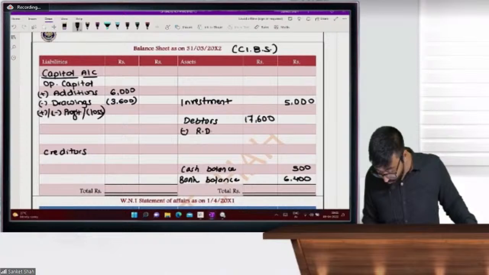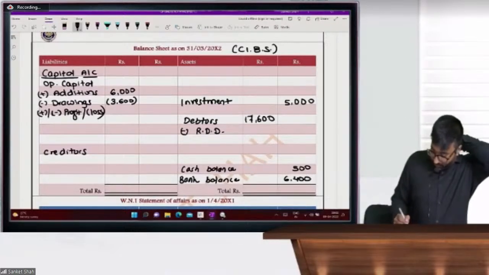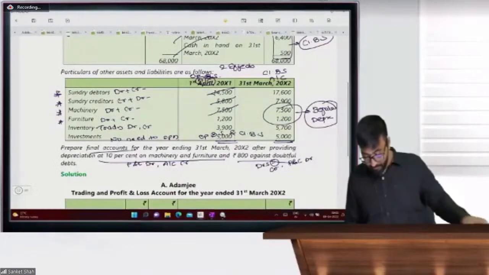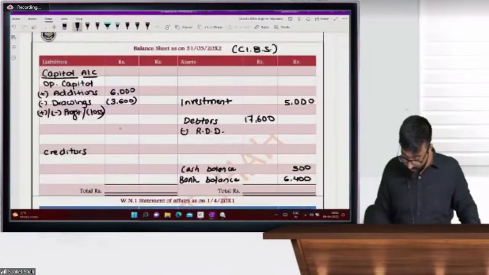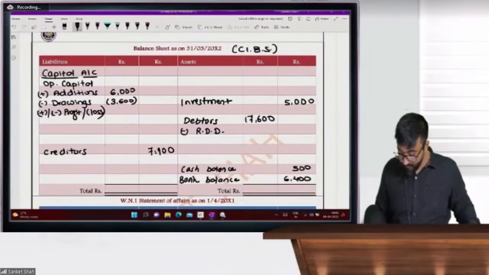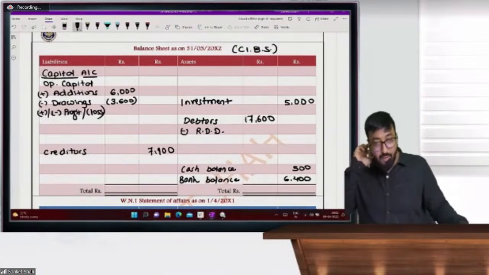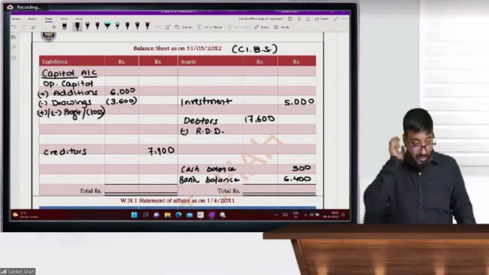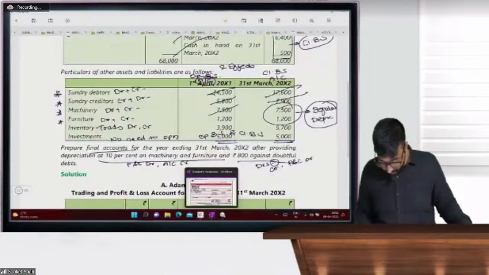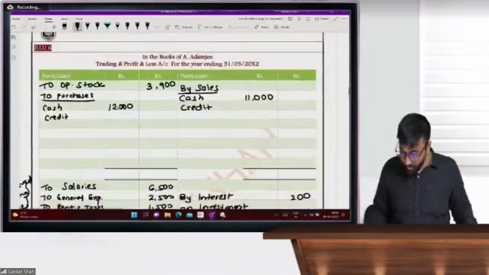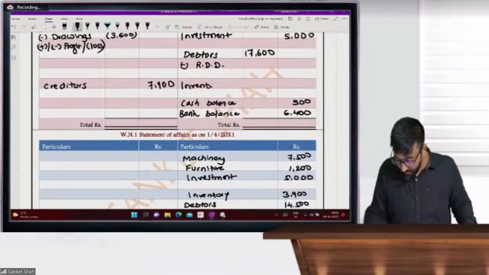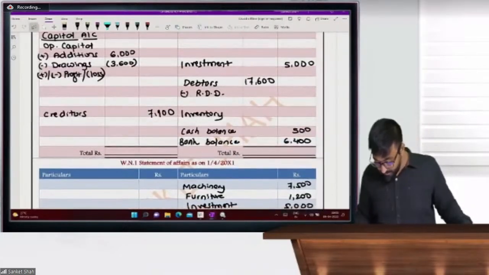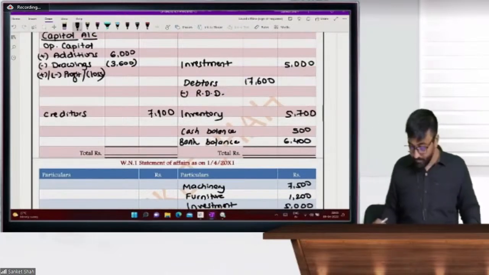Less RDD, that we will write afterwards, line by line. Creditors 7,900. Machinery and furniture are before depreciation, so don't write anything. Then inventory, closing stock, on the asset side first, second effect later. Inventory, how much on the asset side? 5,700. And investment we have already written, so no need to write.